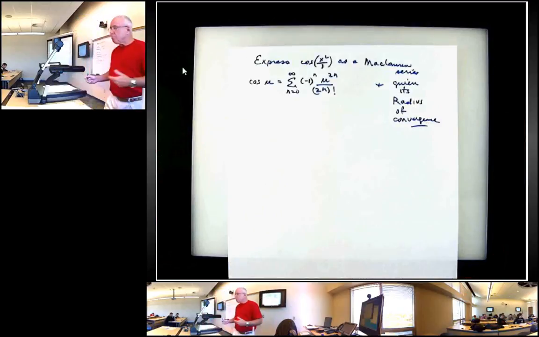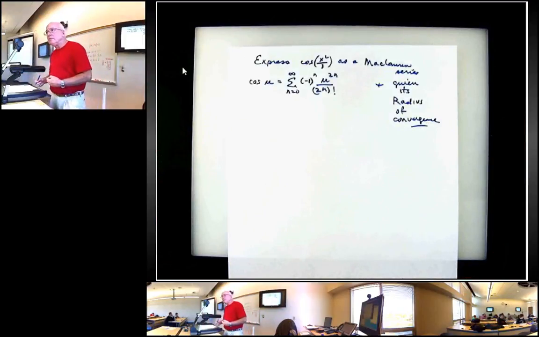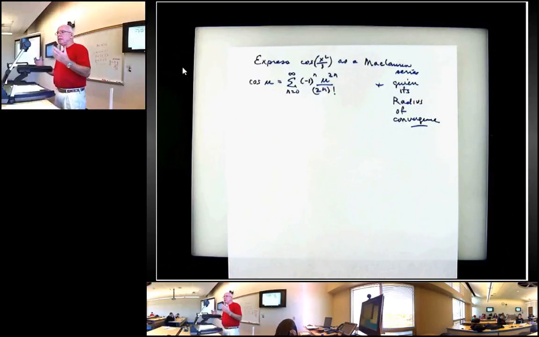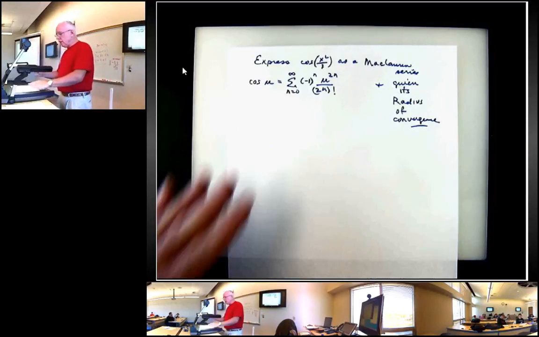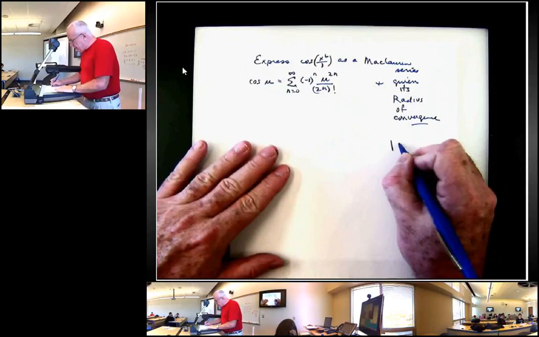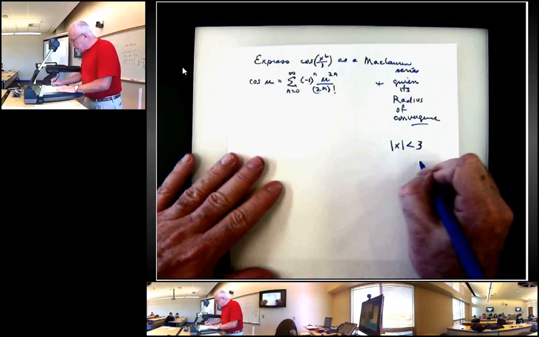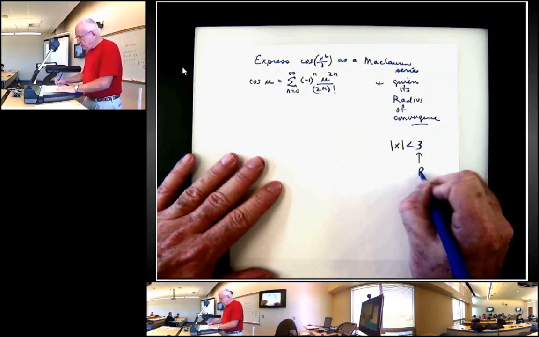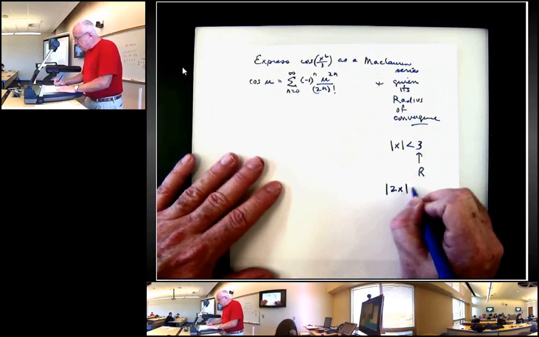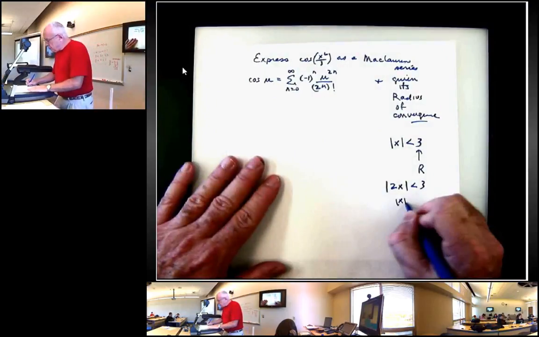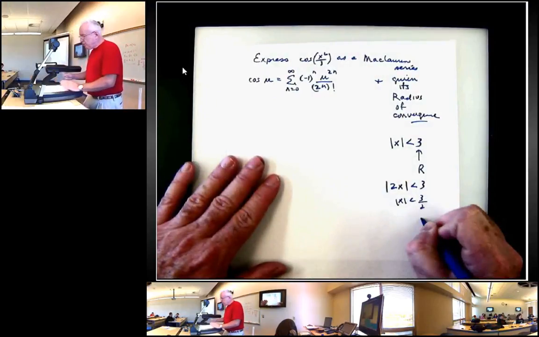All right. So we just plug in x squared over 3. Yes? What's the difference between the radius of convergence and the interval? Okay. The radius of convergence is basically half of the length of the interval on which it's convergent. So say it's convergent for the absolute value of x less than 3, then the radius of convergence is 3. Now, if it's something like the absolute value of 2x less than 3, then dividing by 2, the radius of convergence is 3/2.